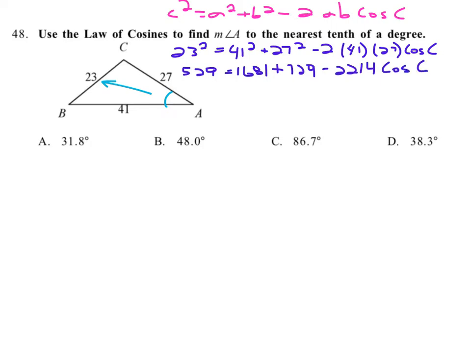It's not a constant that you can combine. What can you combine? You can combine this and this, because those are constants that are just sitting there free and they can be combined. So let's do that next. We still say 529 is equal to 1,681 plus 729 equals 2410, minus 2,214 times the cosine of C.